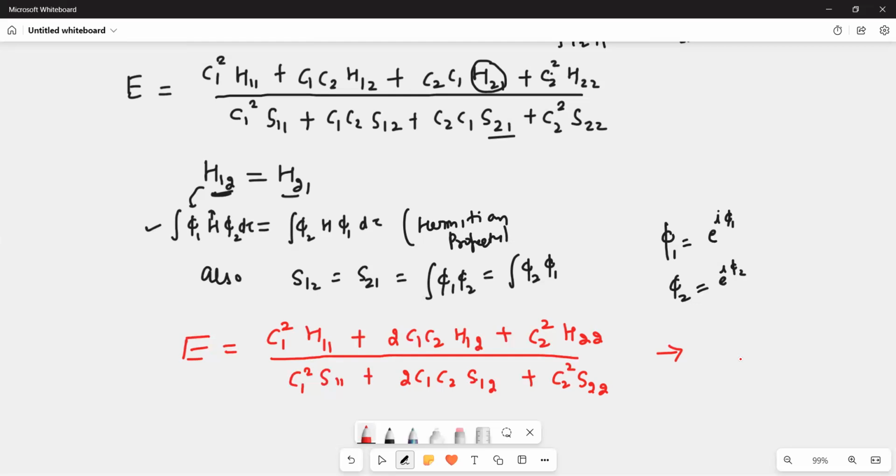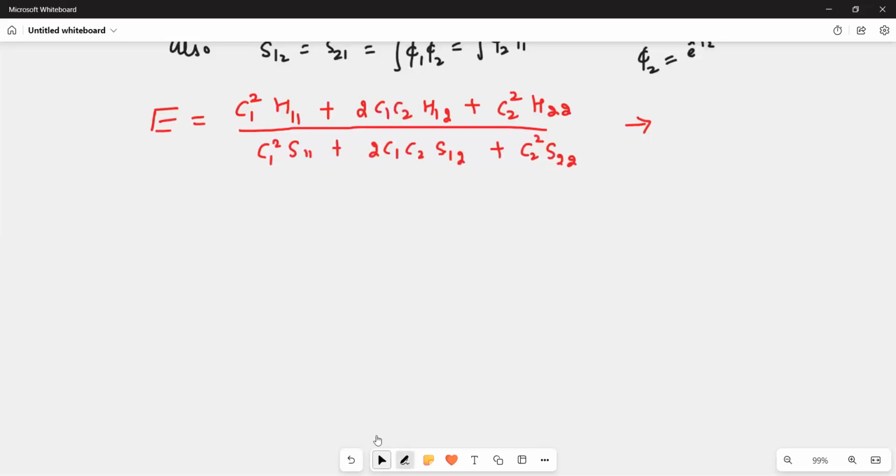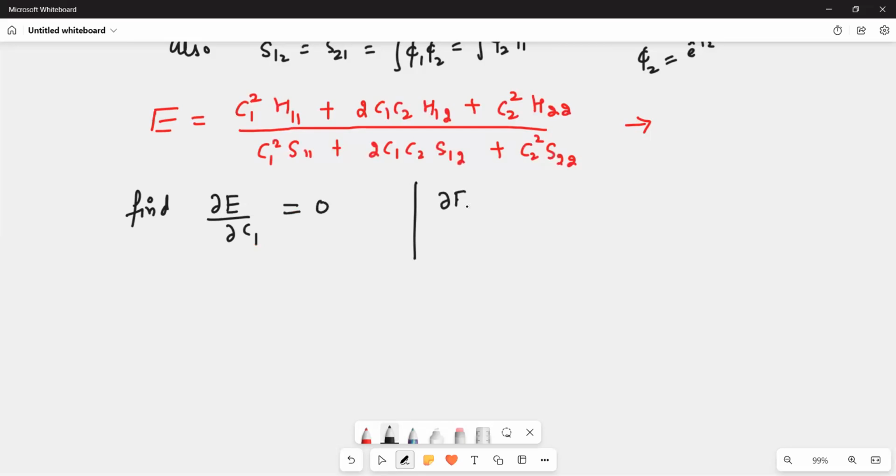For minimization, the third step is to differentiate E with respect to these parameters: curl E by curl C1, and curl E by curl C2, and put them equal to 0.